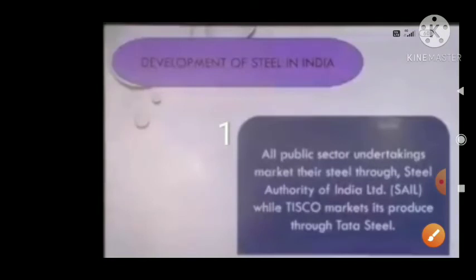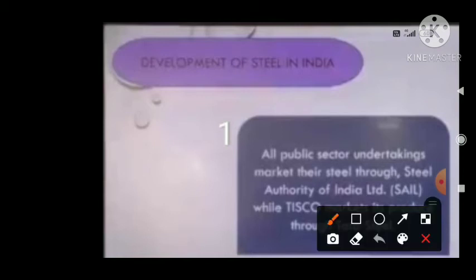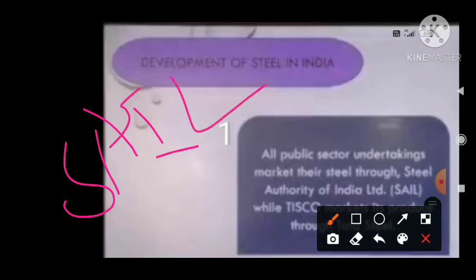Now, the development of steel in India. What are the points that belong to the development of steel in India? All the public sector undertakings market their steel through the Steel Authority of India, SAIL. Tisco, Tata Iron and Steel Company, markets its production through Tata Steel.